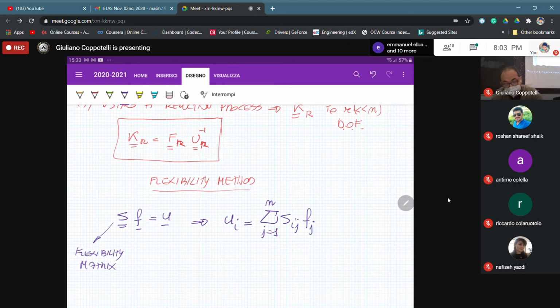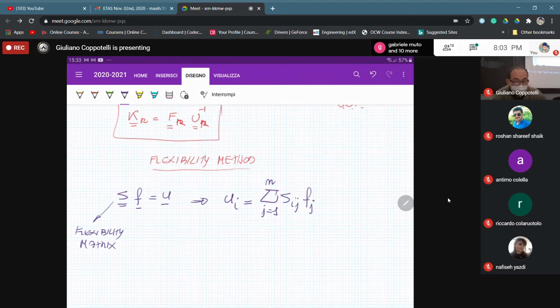Fj. Now, from the experimental point of view, it is very easy to apply the load in just one point, without loading other points than the one that we would like.